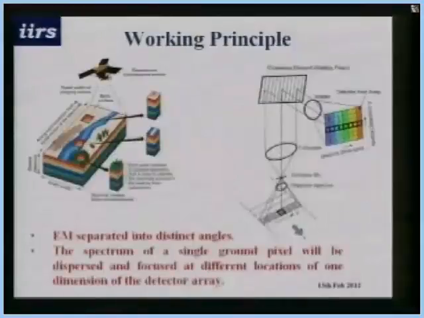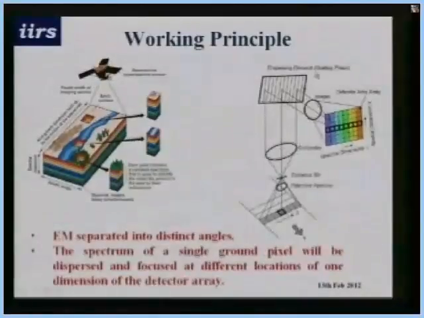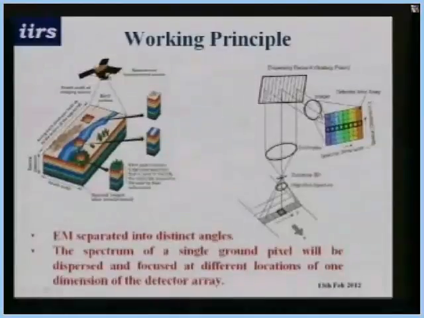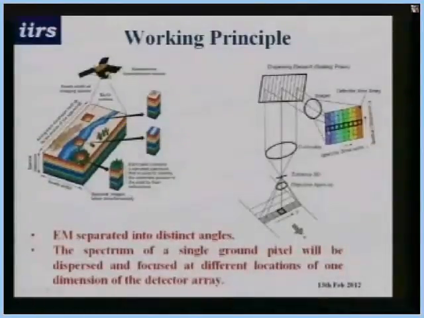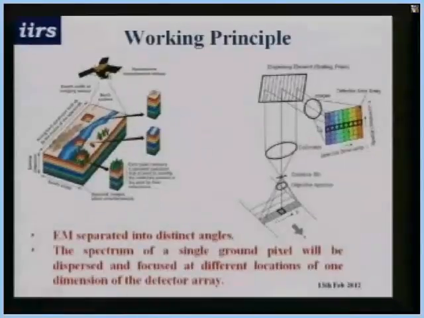The major working principle is that the energy reflected from the Earth's surface passes through the optics and falls on the dispersing or grating element, which splits the light into the different constituents or different regions of the electromagnetic radiation.